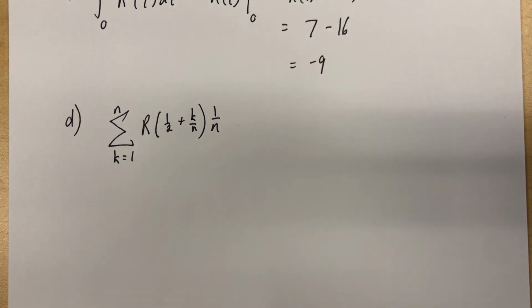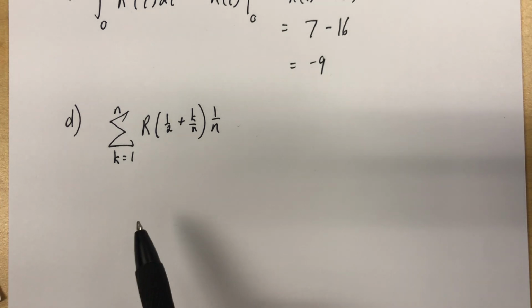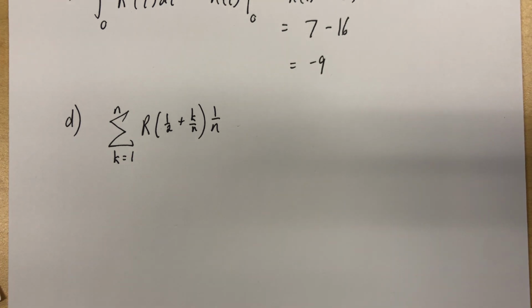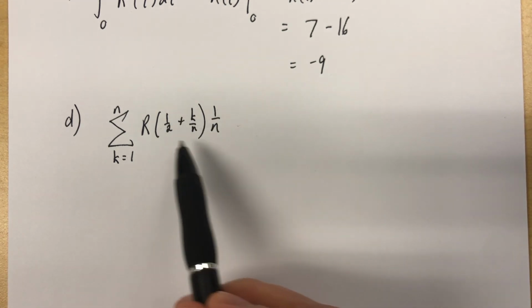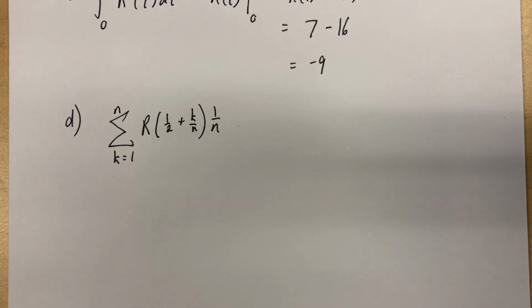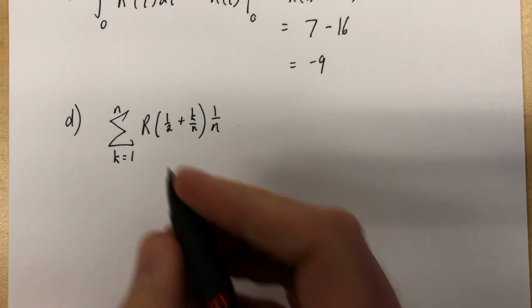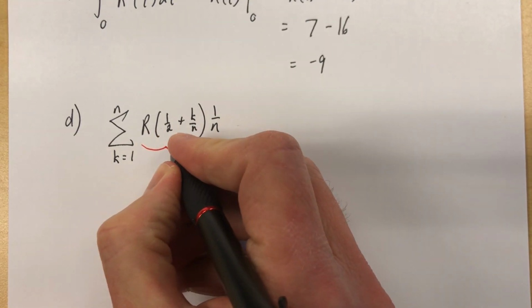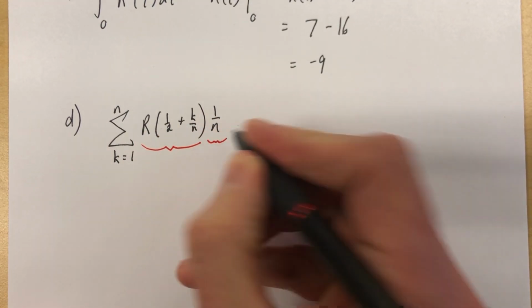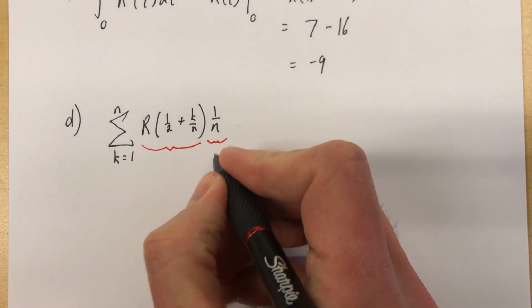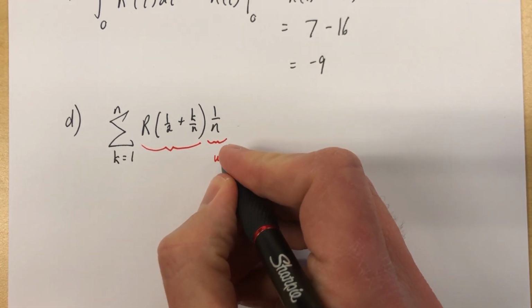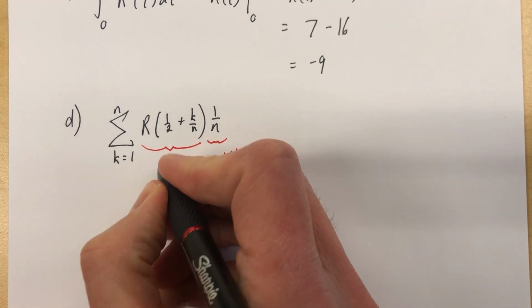It is a right Riemann sum, and that basically is a fancy way of saying that if I wanted to approximate the area of this function on some interval, and we'll talk about what that interval is in a second, then I could do it this way, and we just have a whole bunch of rectangles. We're adding rectangles because it's a Riemann sum, and this is the width of a rectangle, and this is the height.